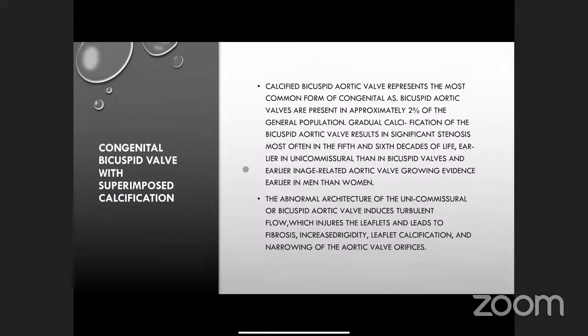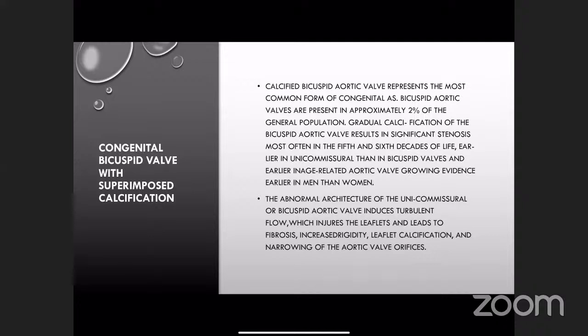Congenital bicuspid valve with superimposed calcification: calcified bicuspid aortic valve represents the most common form of congenital AS. Bicuspid aortic valves are present in approximately 2% of the general population.